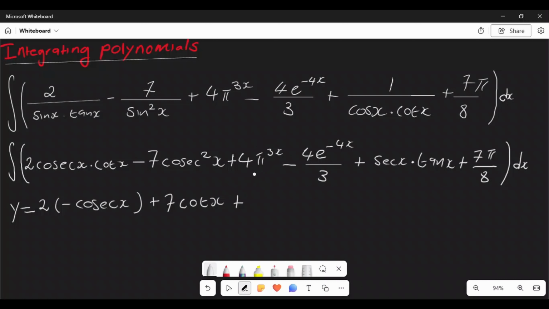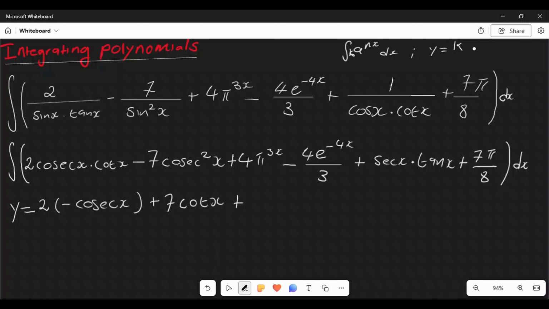As you can see, this term here, guys, we have 4 pi to the power of 3x. For the fact that x is the exponent, this basically means we're going to use the exponential integral. Now the formula for that is usually like this: a to the power of nx, with k as a coefficient.